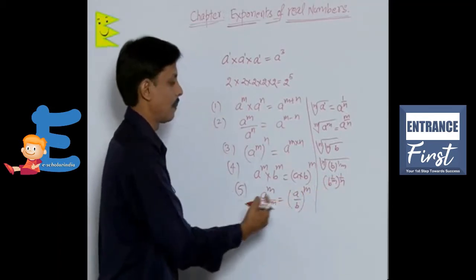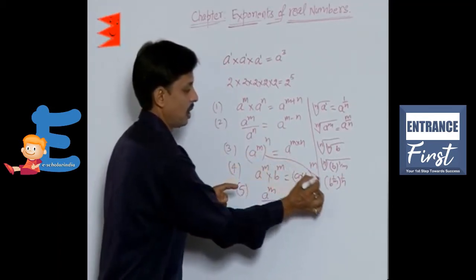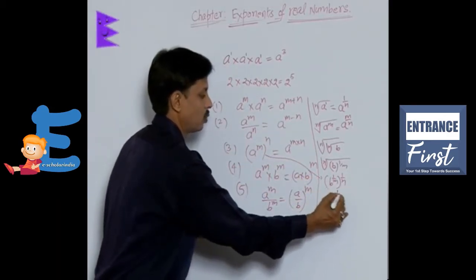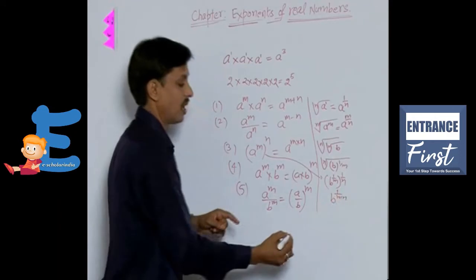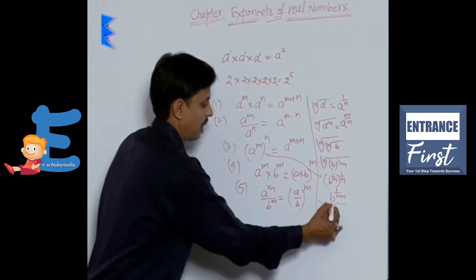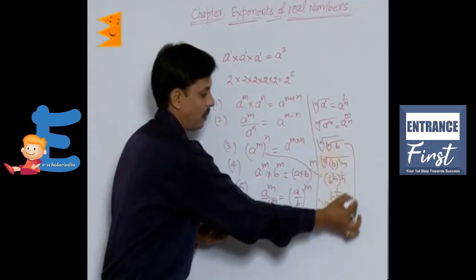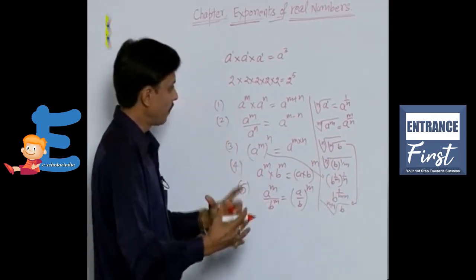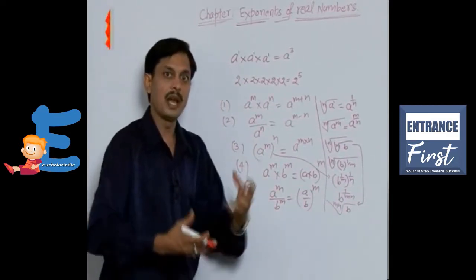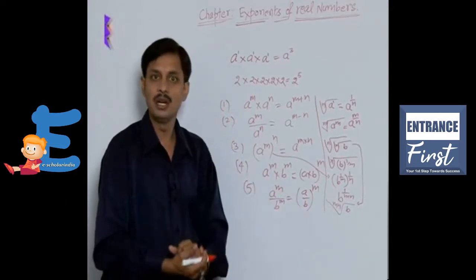If I apply the power rule here, I will find the answer as b raised to the power 1 upon mn. In notation I can write mnth root of b as the simplified value of this. So we will see which rule is applicable, and according to the required rules we will solve the problem.